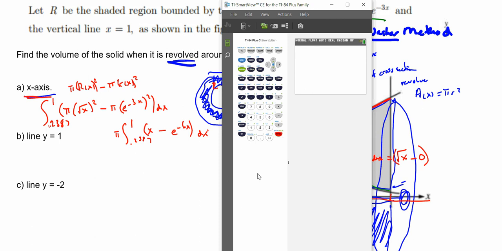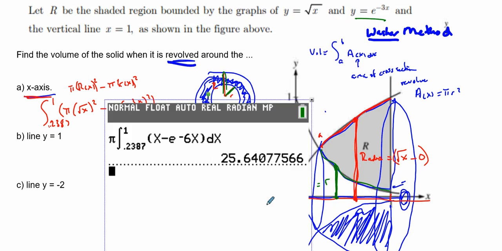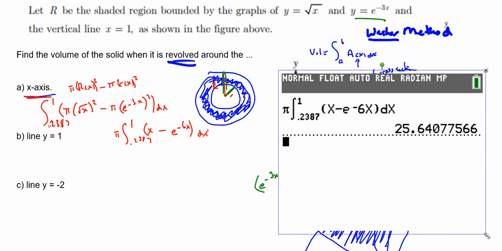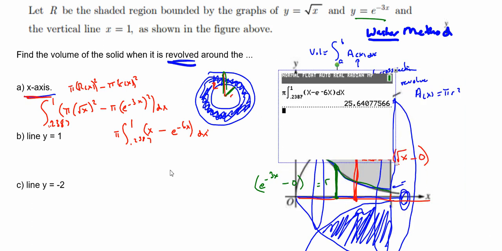We can find out what this value is going to be, and we can see that value is 25.264, and we'll round that. That's what we have there. All right, pretty cool, huh?